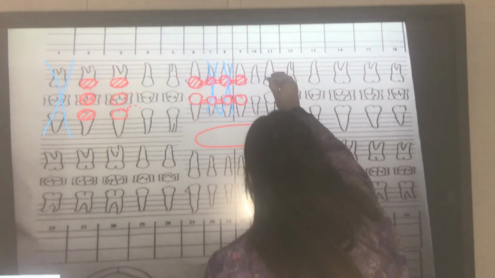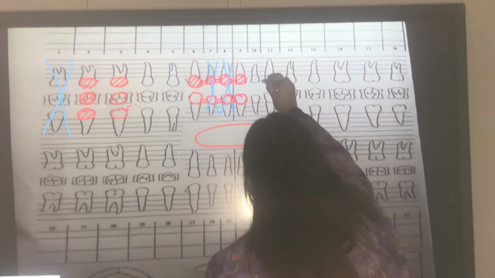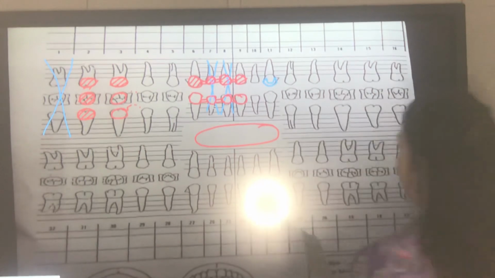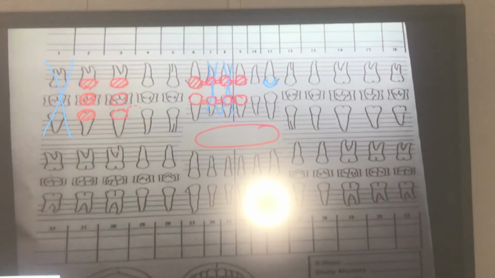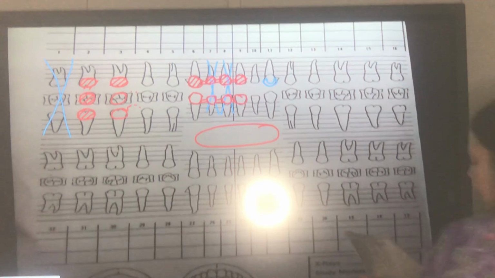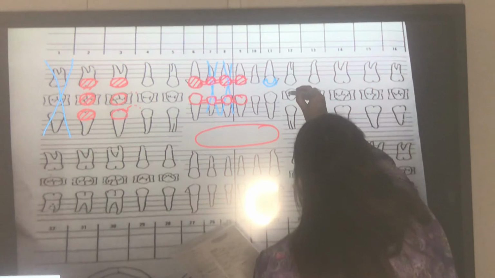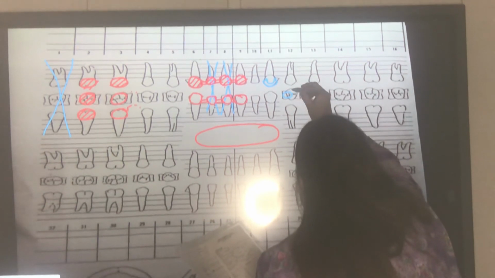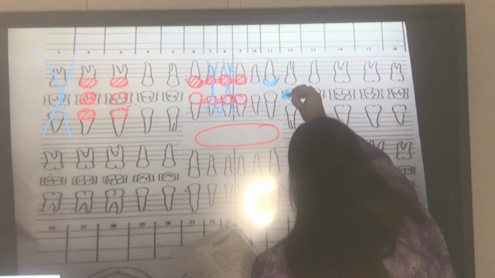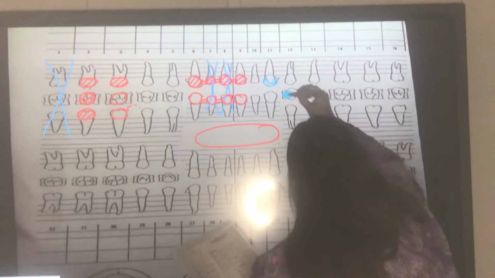So, I know it's a little bit hard to see this. Okay, it kind of looks like that. Okay, number 13 has a mesial occlusal amalgam. So it is filled in.